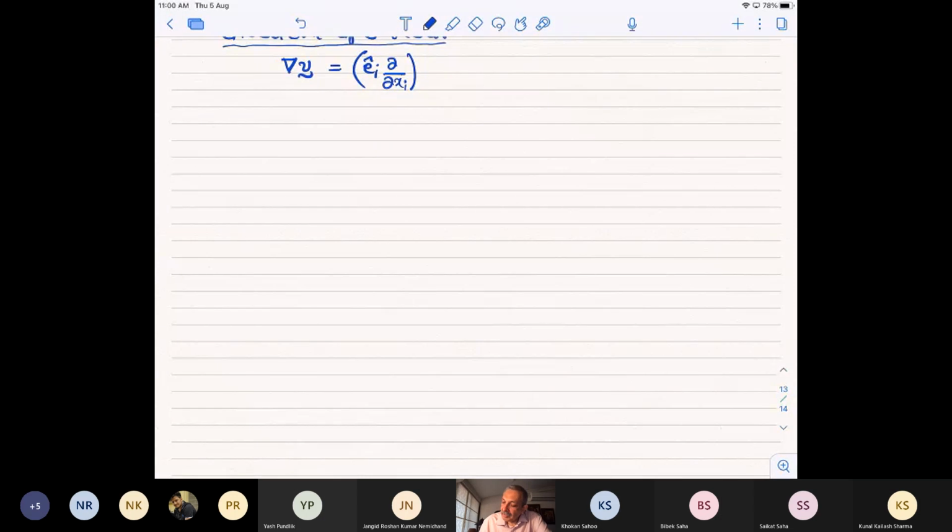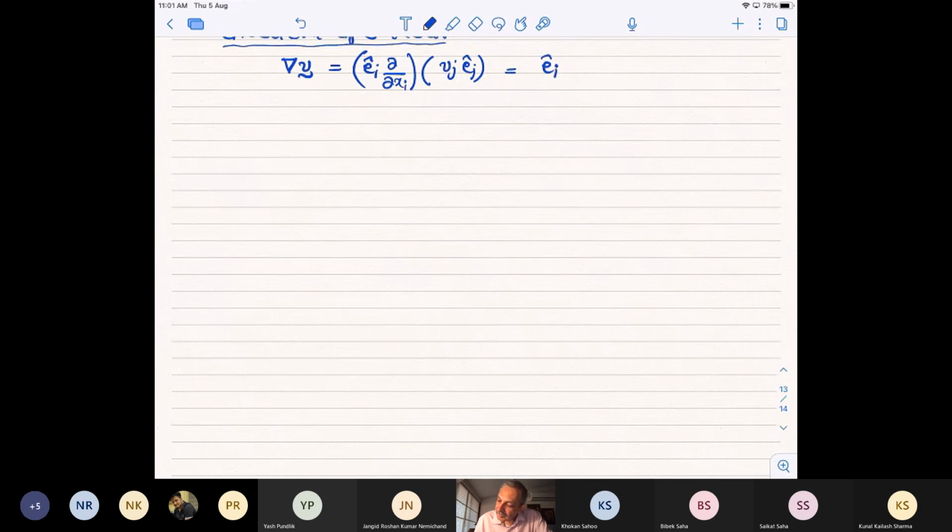So when we take gradient of v, we have ei del by del xi, and then that operates on vj ej. So that's my vector v, putting it in component form. Now again, as before, we simply take all the unit vectors on one side, and then the derivative is only of the scalar quantity.